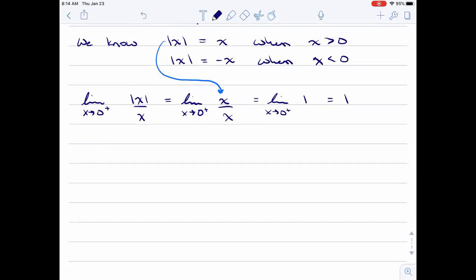Now, if we approach it from the left, now all our x's are going to be negative. So now, if we look at the limit as x approaches 0 from the left of the absolute value of x over x, we have the limit as x approaches 0 from the left of negative x over x. And that's because that's what we said.